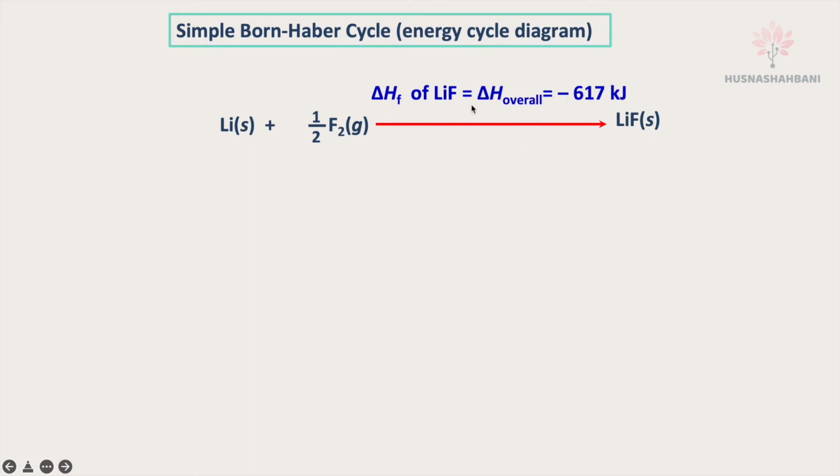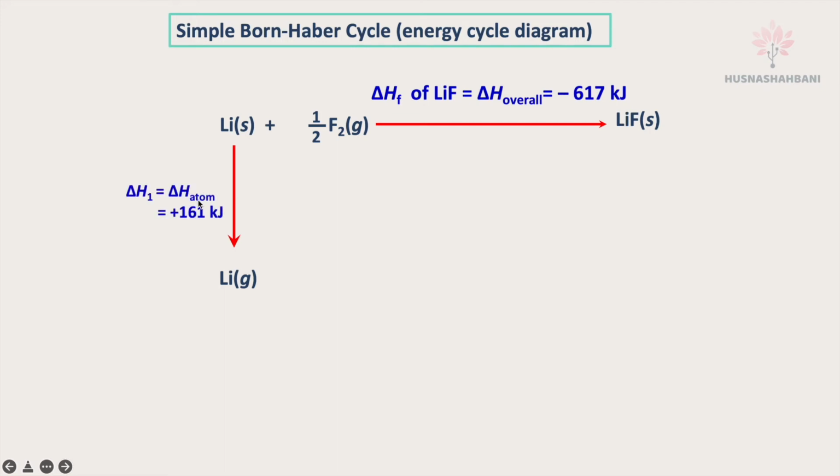And then after we have this formation, this Li solid, make it gaseous atom. So atomization, enthalpy of atomization, Li solid, you make it as gas atom and write down the enthalpy of atomization here.